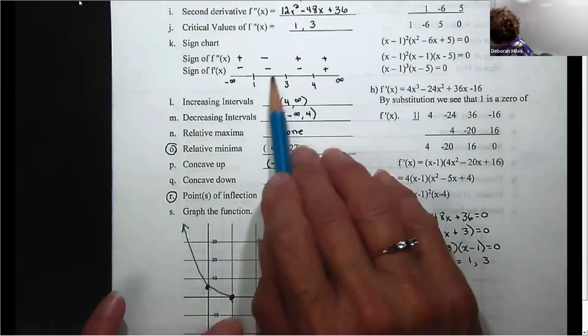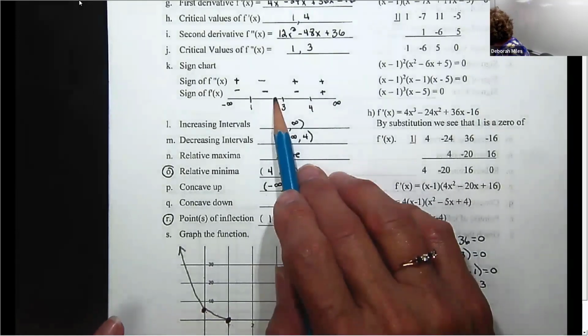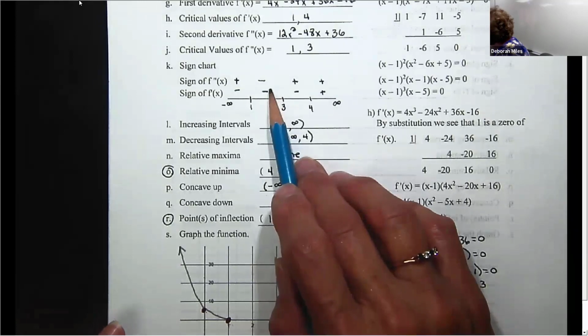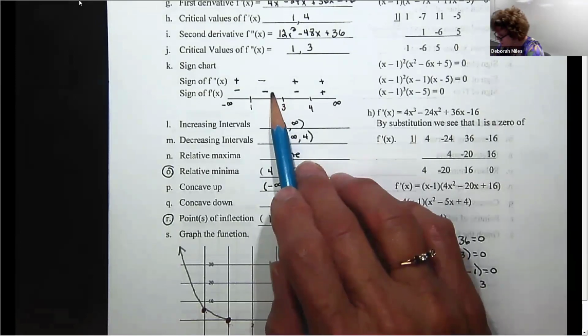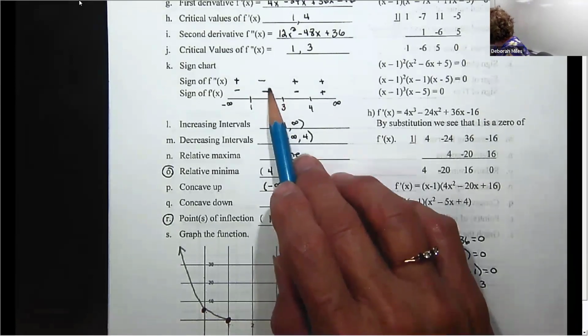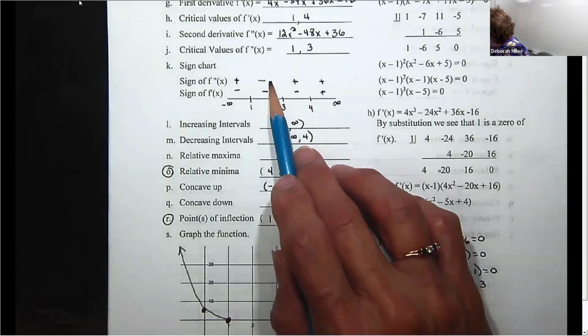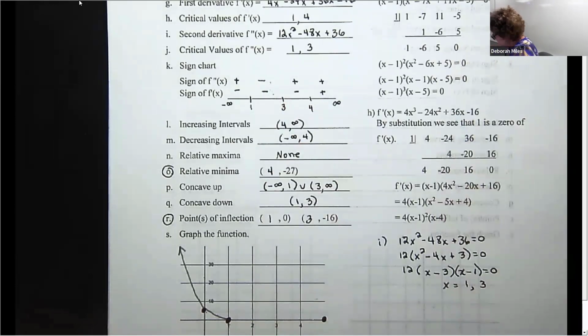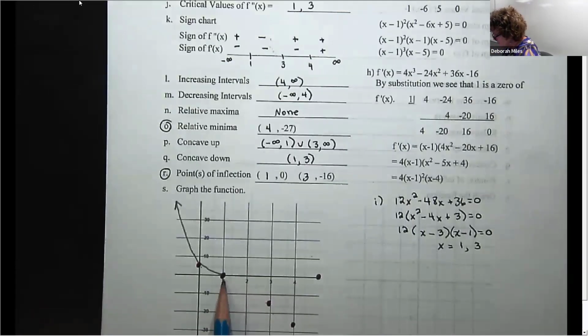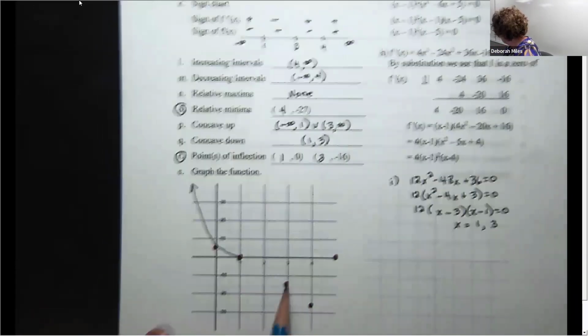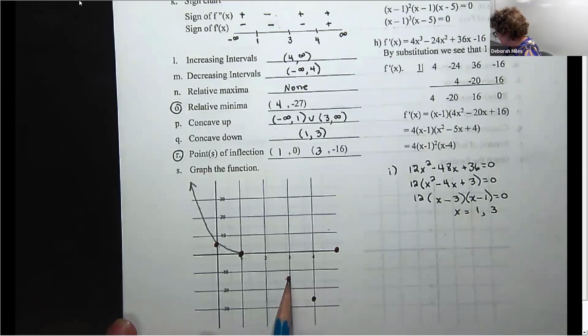From 1 to 3, I'm looking back at my sign chart and the graph is decreasing and it's concave down. Obviously it's got to be decreasing to get down to this point, but can you make it look concave down?